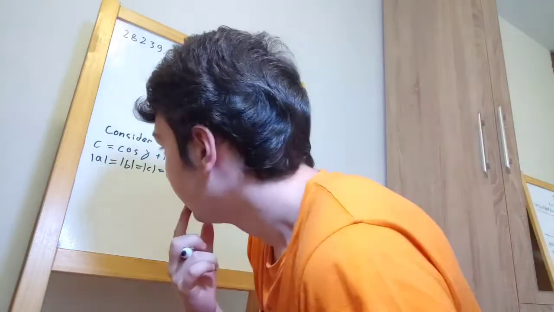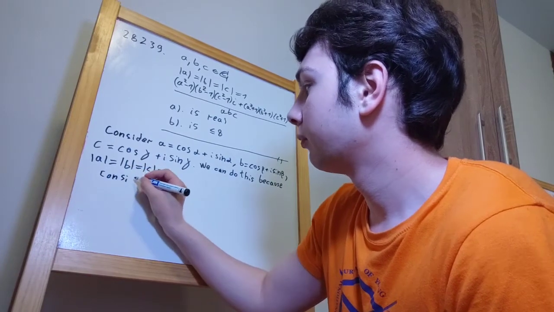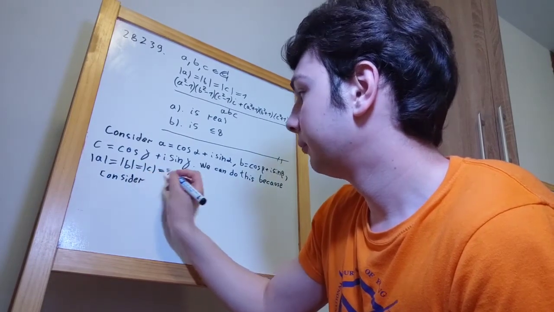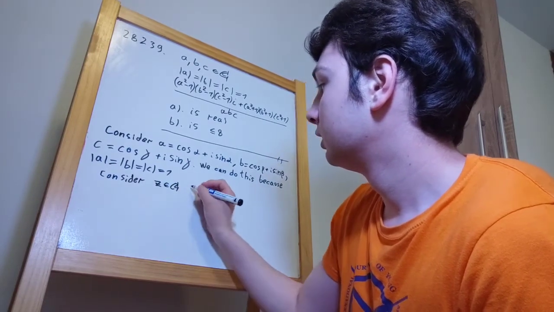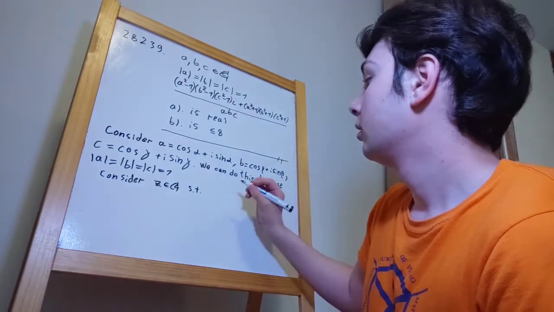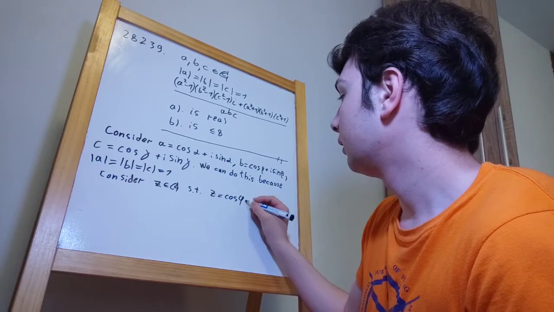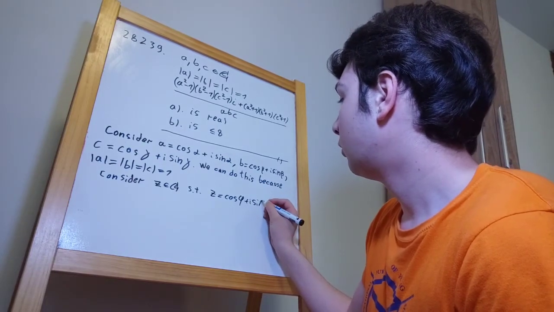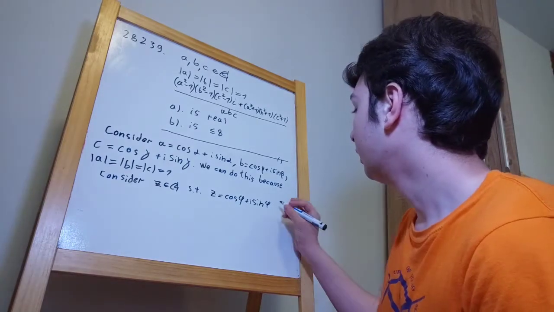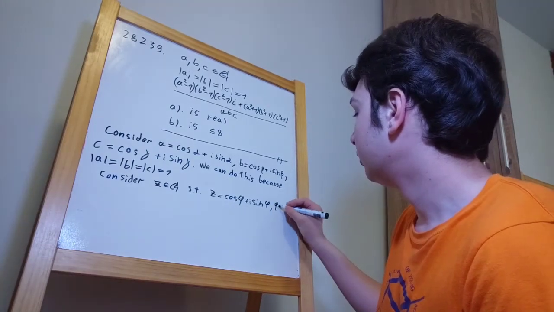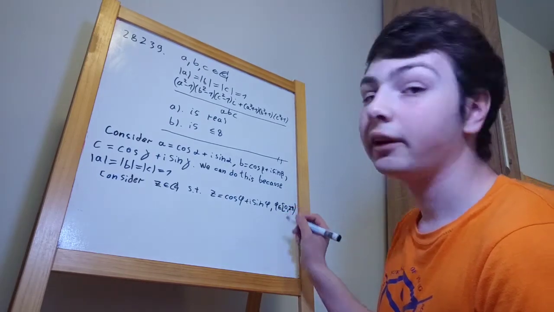So what we'll do is consider z a complex number such that z is equal to cosine of phi plus I sine of phi, where phi is a value between 0 and 2 pi, 0 included.